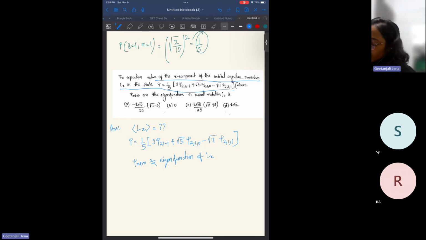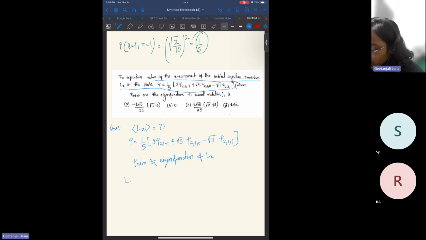So you have to express Lx in terms of a quantity for which you can calculate what will happen when Lx acts on it. So whenever Lx or Ly is given, you have to express it in terms of the ladder operators.